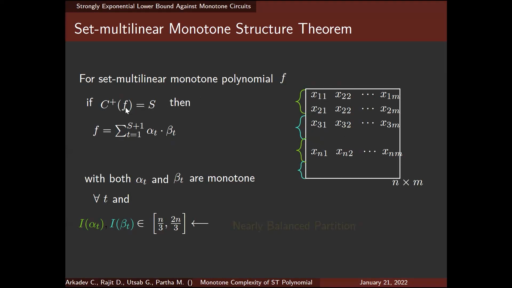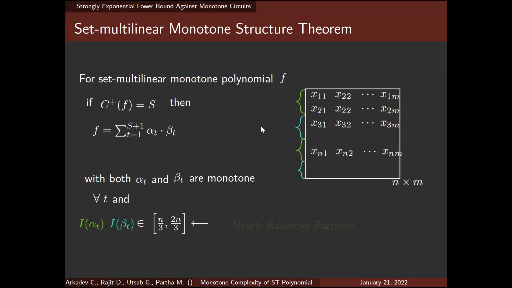Now, if f has a monotone circuit of size s, then f can be written as a sum of s many product polynomials alpha t times beta t, with the condition that both alpha t and beta t are monotone set-multilinear polynomials. The sets I of alpha t and I of beta t is a partition of the rows of this matrix, and this partition need not be contiguous.